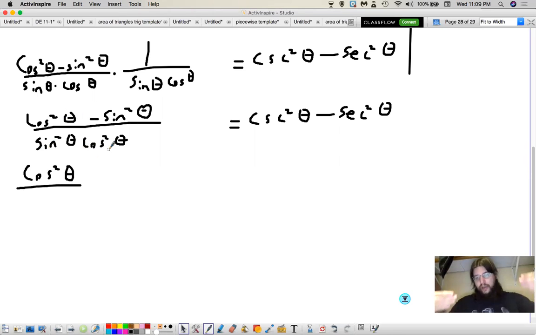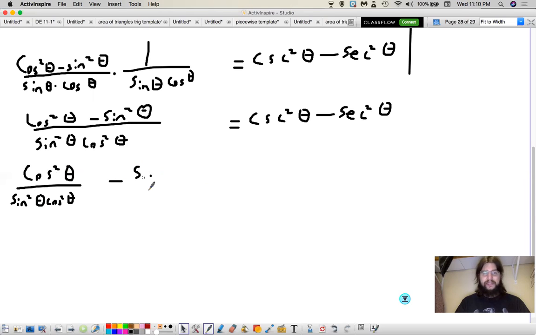When you split them apart, you still keep the denominators the same. Yep, cosine's going to cancel here. Sine's going to cancel here.